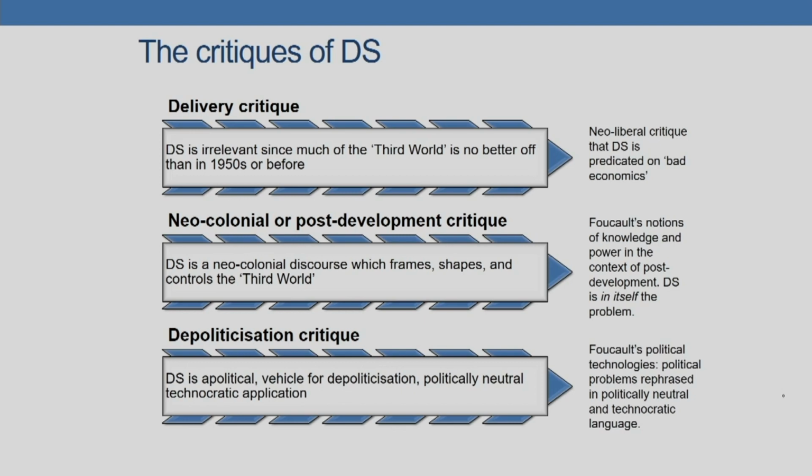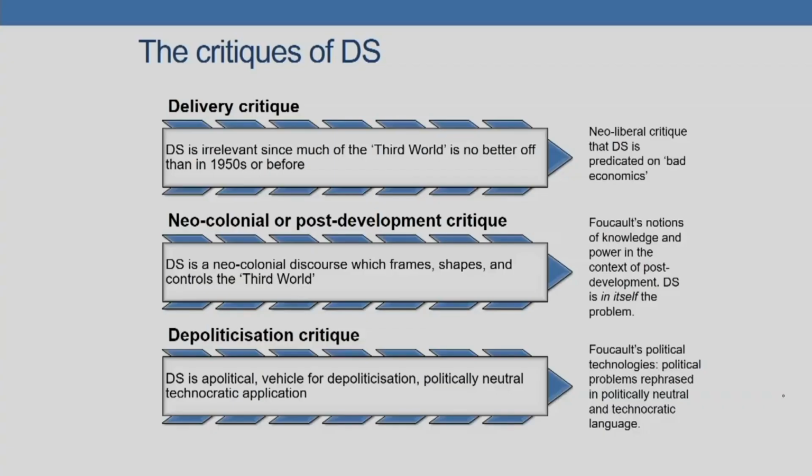And this critique is coming from a neoliberal point of view, where the neoliberal critique dictates that development studies is influenced largely by bad economics, and therefore the first critique relates closely to the neoliberal critique, and it is based on the argument that development studies is predicated on bad economics and therefore has led to consequences such as state-led development or import substitution or protection of domestic enterprises and so on.